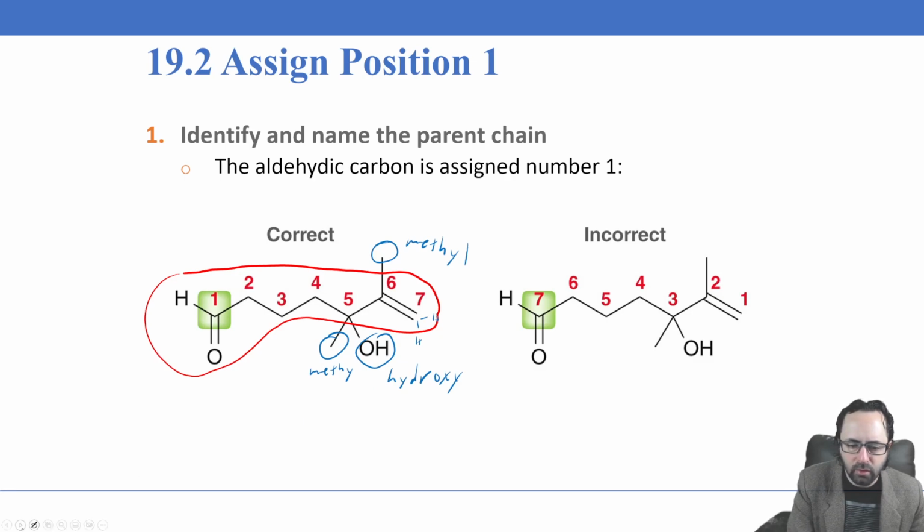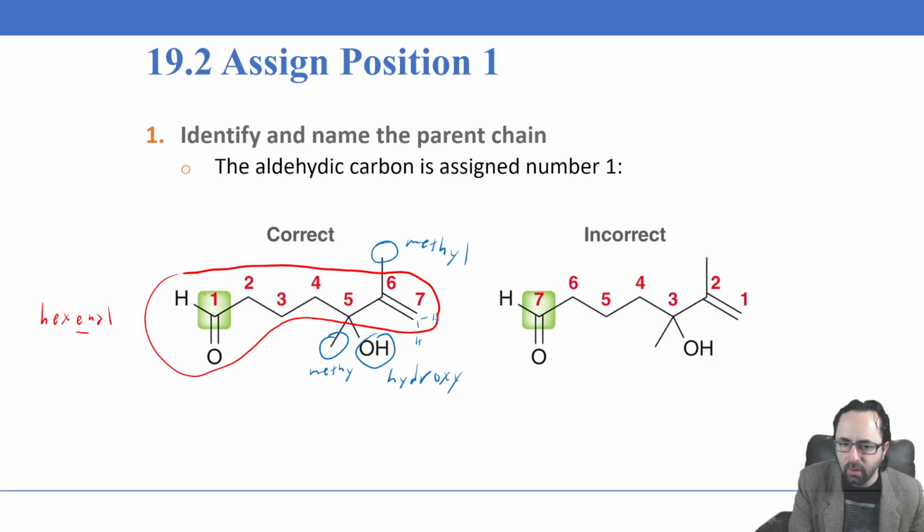And so the parent chain here is going to be called hexenal, and we're going to have to put in the locants too. So the ene here indicating the double bond, ene. And so now we're ready to write this full name.